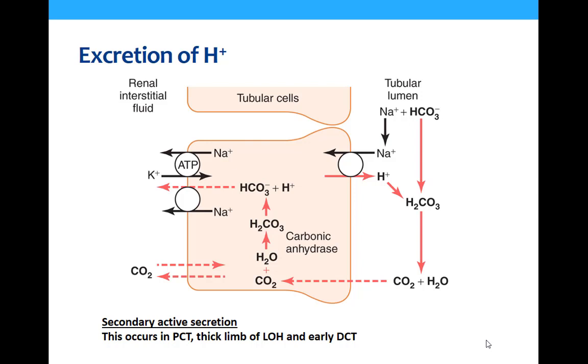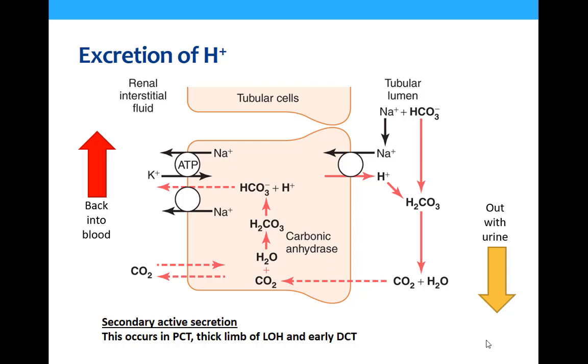This is excretion of H plus. This is a single tubular cell in the kidney tubules. This is, I think, distal tubule. Yeah, this is all proximal tubule, loop of Henle, distal tubule. This is happening everywhere. Just a reminder, whatever is over here is going out with the urine, and whatever is here is going back into the blood. So this is reabsorbed here. ATP is used over here.